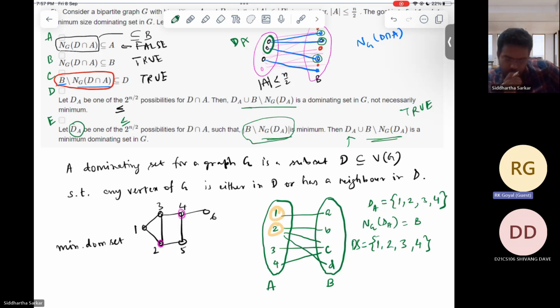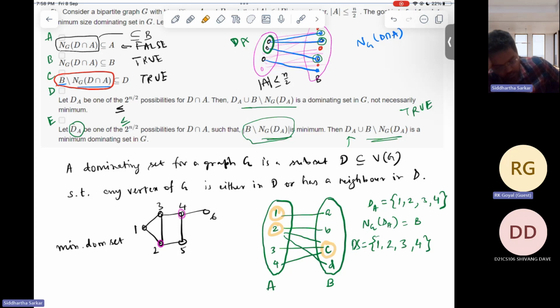Rather, I'll take 1, 2, 3, because I have the liberty to take any one out of the 2 raised to the power n by 2 possibilities. So I'll take 1, 2, 3 from A, and whatever remains here is D, so I will take D. Then the union of 1, 2, 3 and D is the dominating set here, and its cardinality is 4, which is the minimum one.